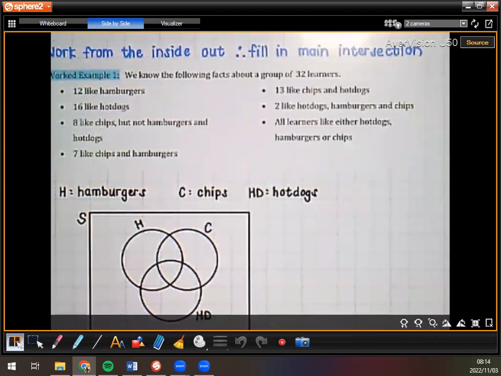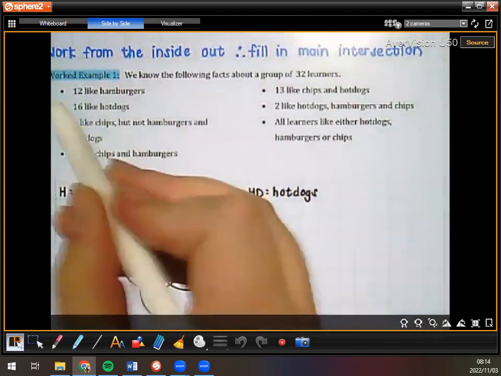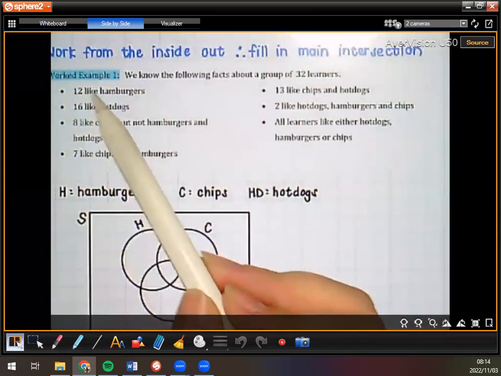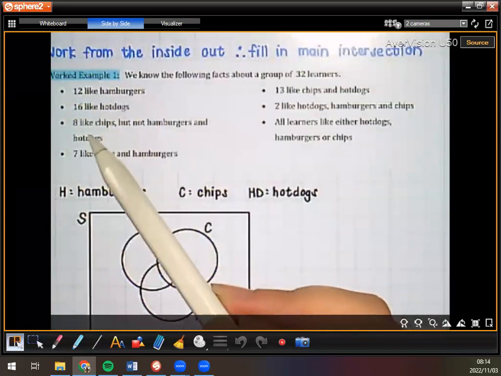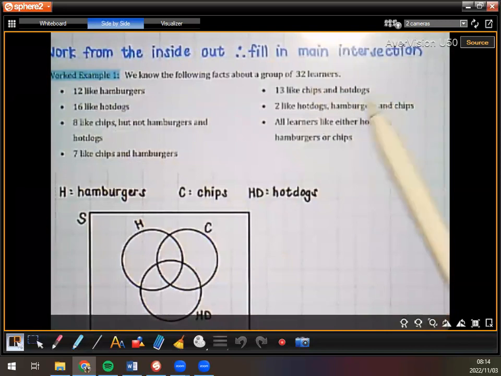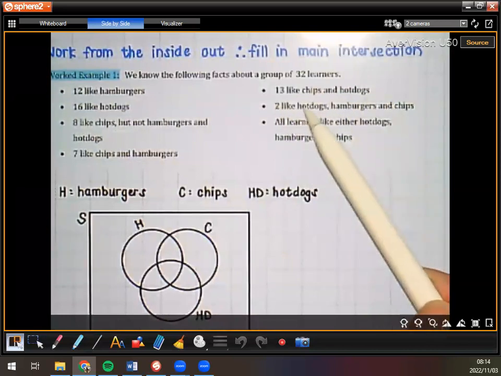All right, so we now need to go through our information and see whether they actually told us how many people like all three. So let's see: hamburgers, hot dogs, chips, but not hamburgers and hot dogs, chips and hamburgers, chips and hot dogs. There we go. Two like hot dogs, hamburgers, and chips.